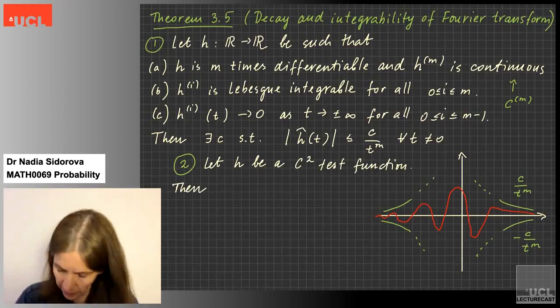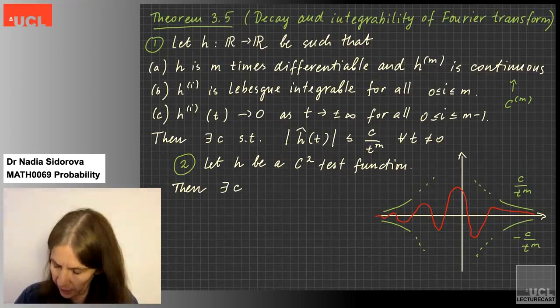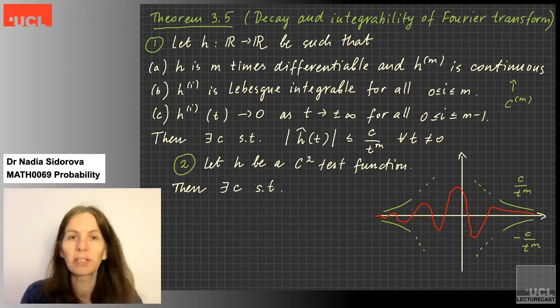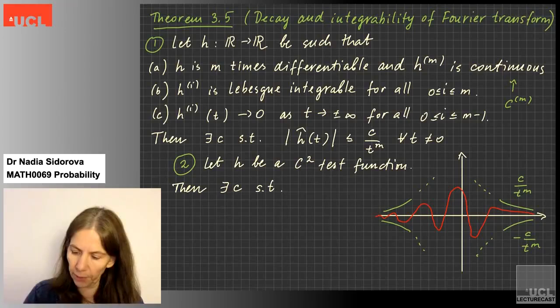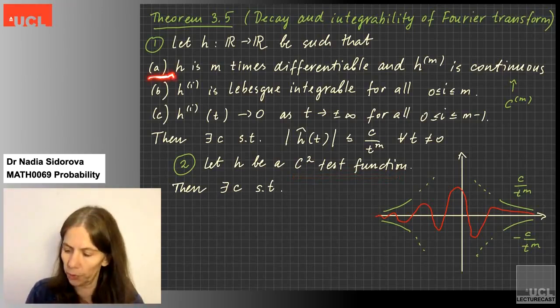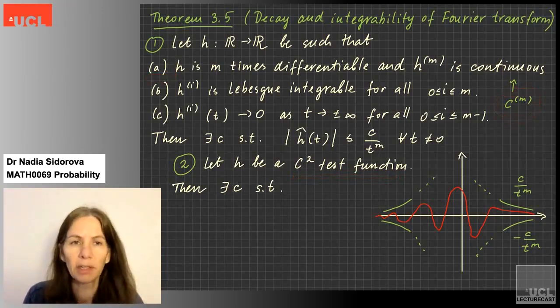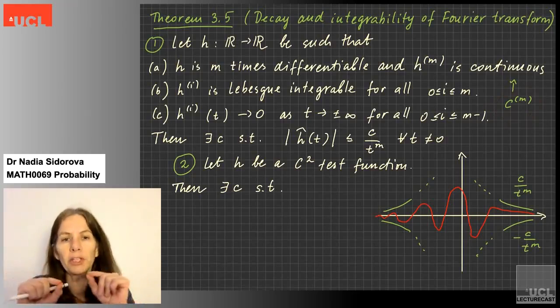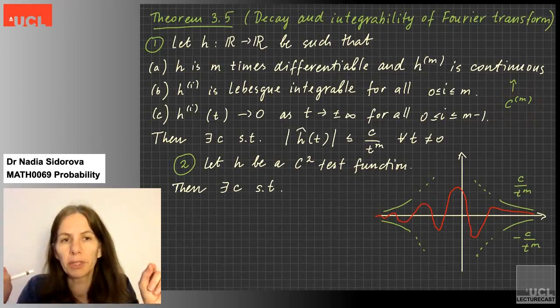Then there exists C such that, in fact, the proof of this second part will be trivial once we have proved the first part. So look, if we have a C2 test function, then clearly condition A is satisfied with m equals 2, right? Simply because it means exactly the same. Secondly, since our function h is now compactly supported, so will be all its derivatives.